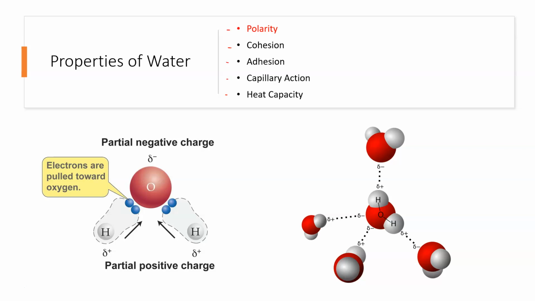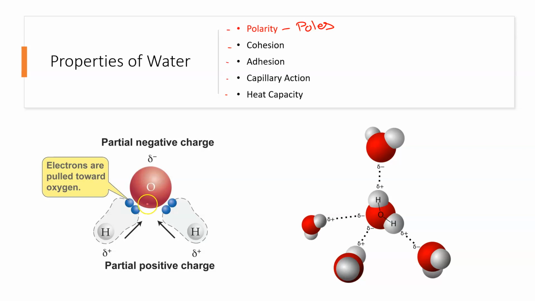So, polarity. Polarity literally means that the water molecule has poles. Just like the Earth has a North Pole and a South Pole, water molecules have poles as well. It's not necessarily locations that we need to think about, but a difference between the charges of those particular poles.